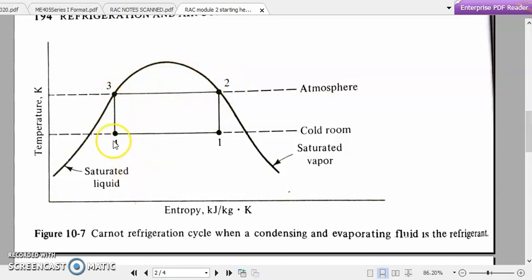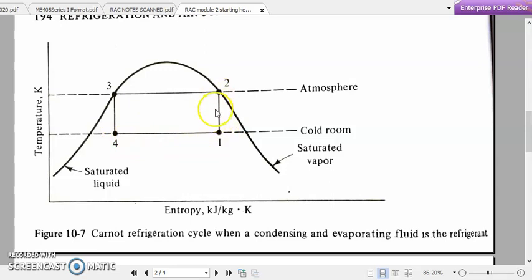We are not making any big change in our air refrigeration system, but instead of a simple gas like air, we are introducing a new working fluid which can evaporate during the heat absorption process. So 4-to-1, this working fluid will be evaporating. That evaporation process will be a constant temperature line, a horizontal line like this 4-to-1.